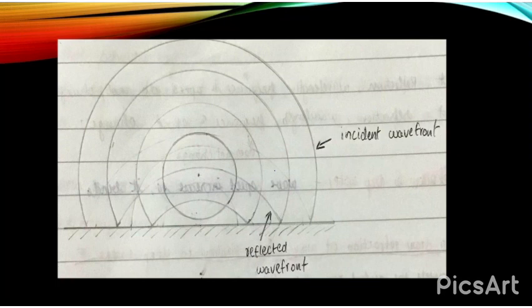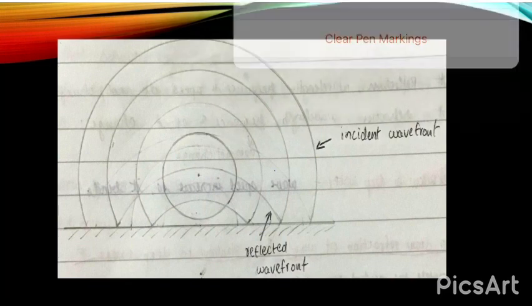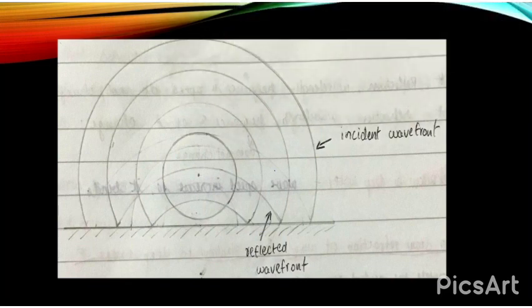So here if you need to draw a circular wave coming towards a straight barrier, then first you will have to draw the surface, which is the barrier. This is the barrier.